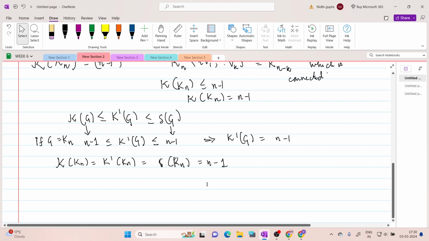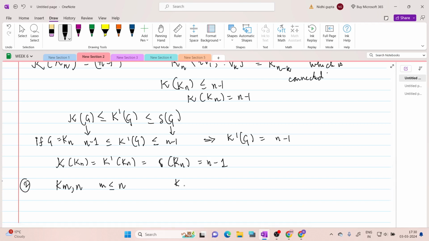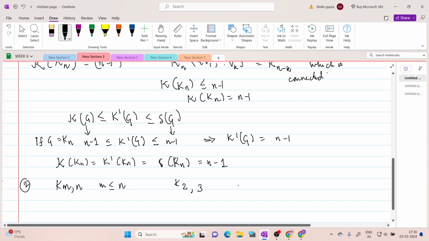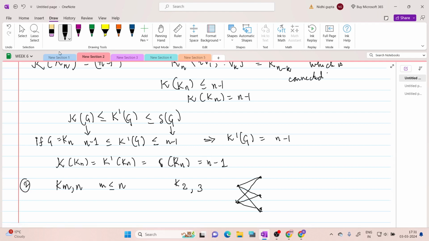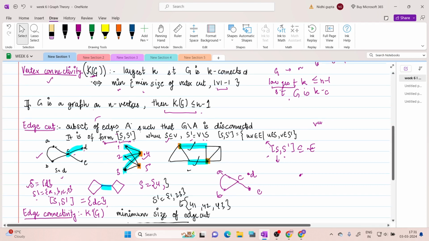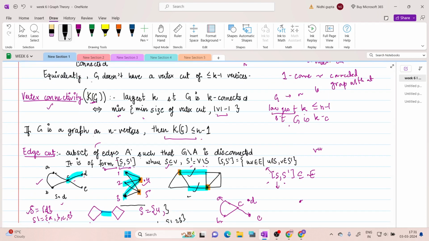Now the second example is the complete bipartite graph where m is less than or equal to n. Let's try this with some examples. If we take K23, this was the G2 in our original discussion. For this we already saw the vertex connectivity.